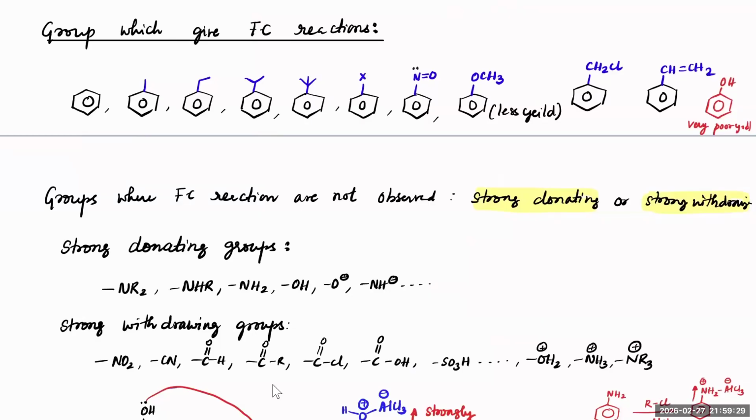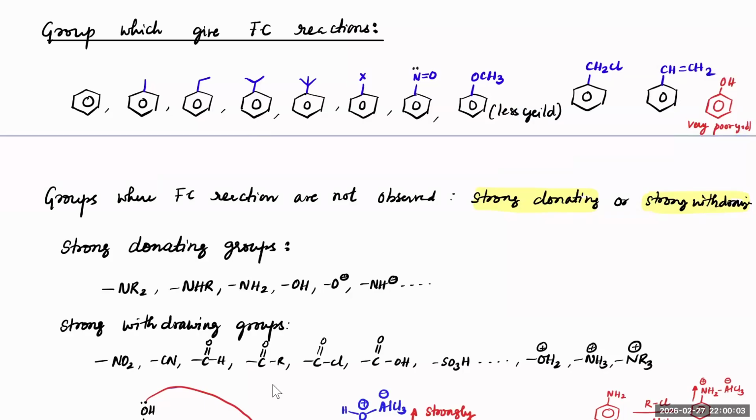So we need to figure out which group will actually give Friedel-Crafts reactions. See, benzene definitely gives, methyl benzene will give, ethyl benzene will give, isopropyl will give, tert butyl will give, any halobenzene will give, nitrosobenzene will give, OCH3 will give but to a lesser extent, CH2Cl will give, a double bonded carbon present on benzene will give Friedel-Crafts reactions, and a phenolic group will give but to a very poor extent.